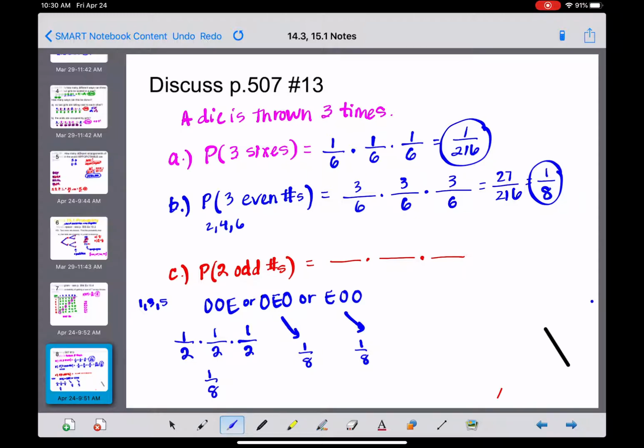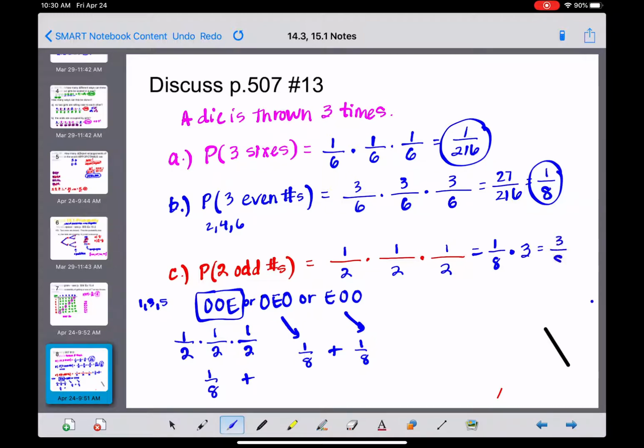But I have 3 of them. So remember, the ors we typically are adding. So the idea is we're taking 1/8 plus 1/8 plus 1/8. Because again, I'm taking the 1/2, 1/2, and 1/2. If we do that only, that gives us the 1/8, but that's only one way that we could get 2 odds. So you have to take into account that there's 3 different ways that can happen.